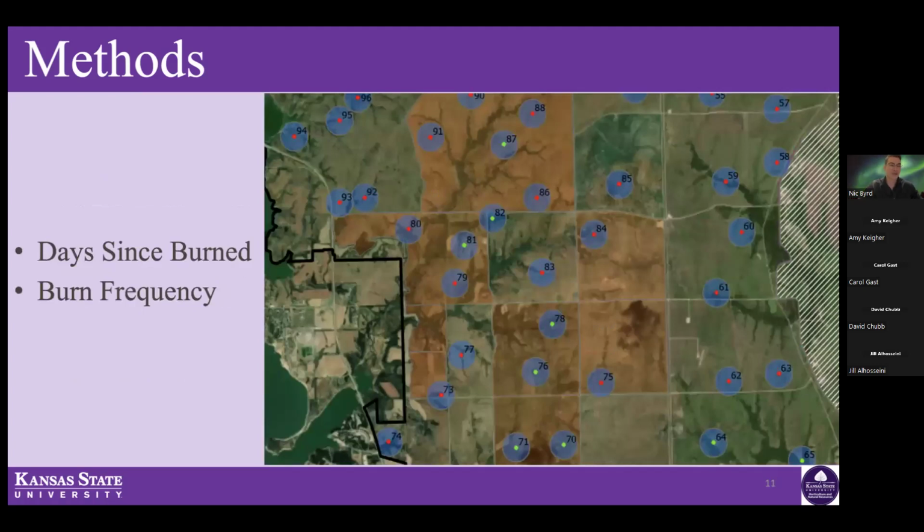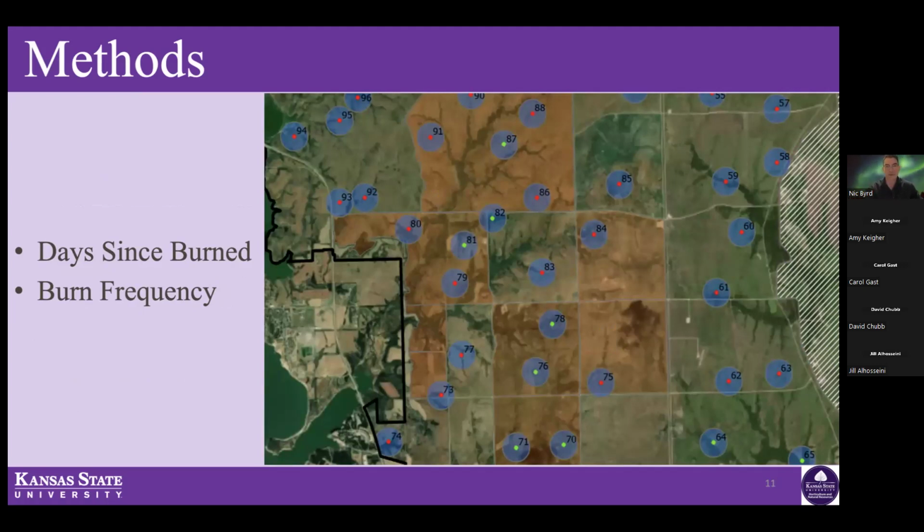We also wanted to create variables for burn history, so we created these polygons for the past 10 years, categorizing burn date and burn frequency. And in regards to the same buffer size, if the proportion of the site was less than 20% burned within our 250-meter buffer, it was considered below our cutoff and was not counted.